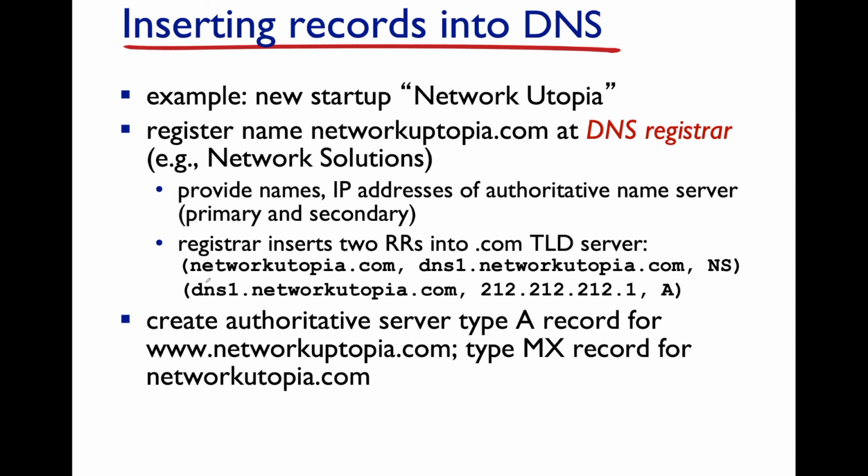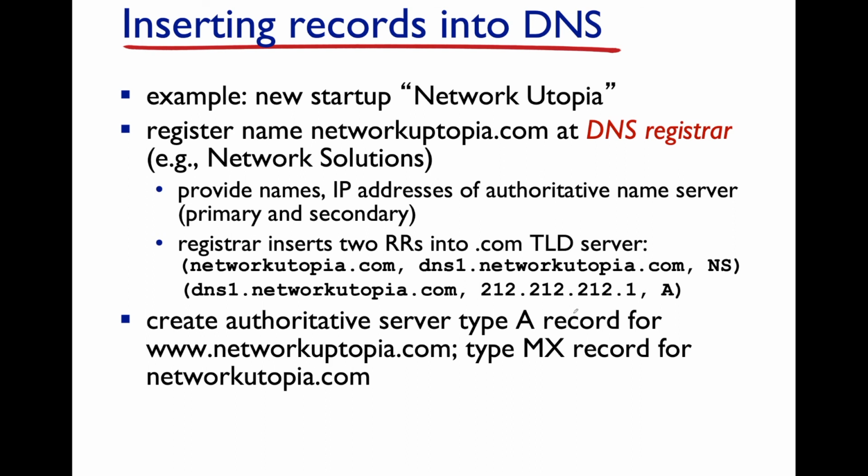Okay. So then the other record is the authoritative record. Now that you know for any domain name that ends in networkutopia.com, use that DNS server, well, what's the IP address of the DNS server? We need the authoritative record, and that's the other record. You'll notice in this authoritative record, the name field is the host name for the DNS, and the value is the IP address, and it's a type A resource record.